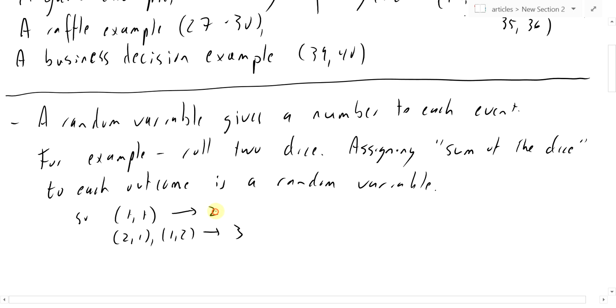And then each assignment, we can call this x1. X is the traditional letter. x2, we can say the probability of x1 is 1 out of 36. Probability of x2 is 2 out of 36, etc. So for each outcome, we give it a number, and for each of these numbers, you give it a particular probability. Right? And this is called a probability distribution.